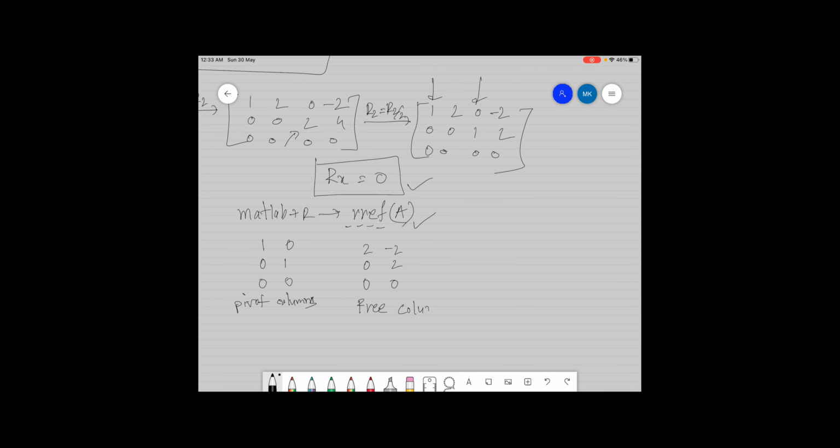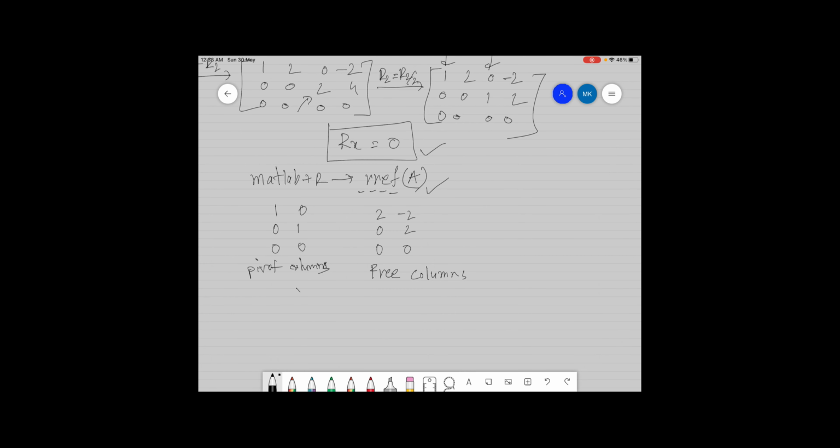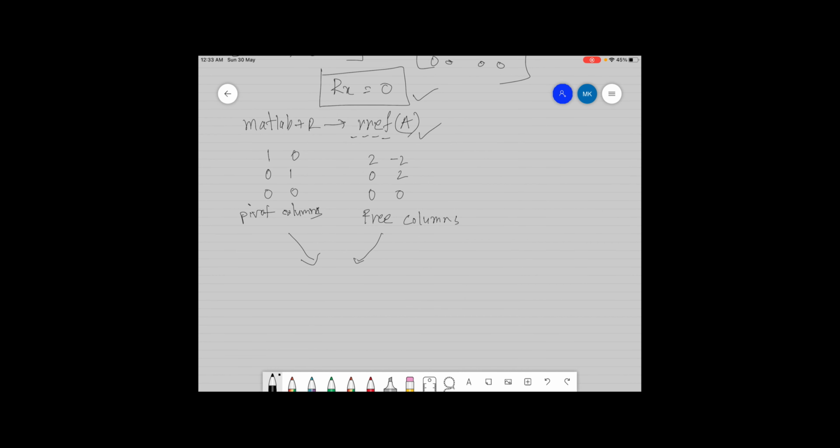If we write these pivot columns and free columns together, you will see that this portion is like I, let's call the other portion F, and we have all zeros at the bottom. So it has this very distinctive structure.